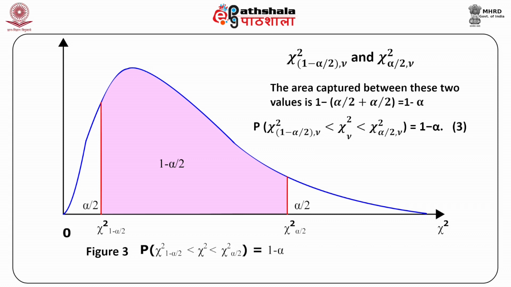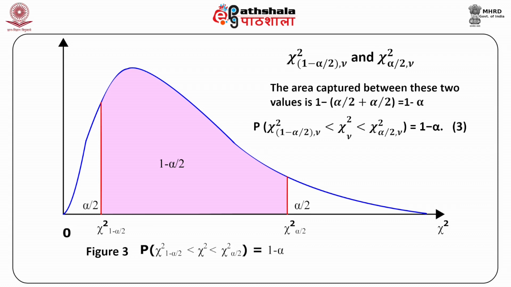The area captured between these two values is equal to 1 minus alpha by 2 minus alpha by 2, which is equal to 1 minus alpha, as can be seen in our figure 3. We can denote this as the probability of chi-square 1 minus alpha by 2 comma nu less than chi-square nu less than chi-square alpha by 2, nu equal to 1 minus alpha, and this could be our third equation.